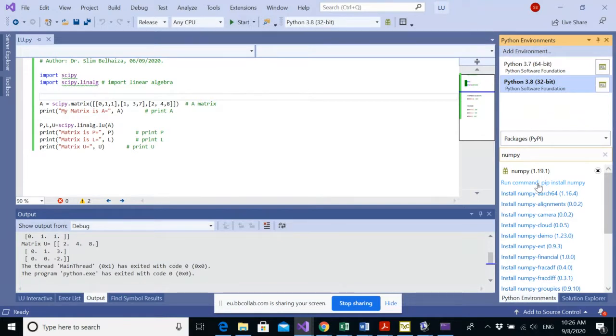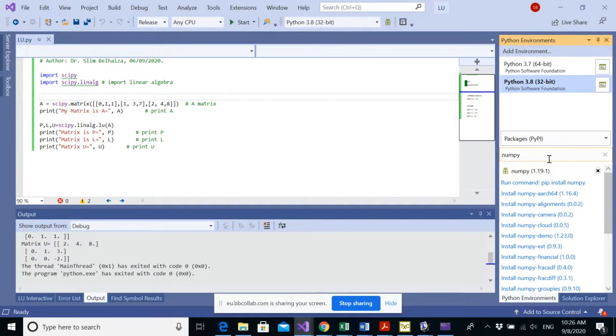Okay, Abdulaziz? It's not appearing like this in my program. You mean you don't have the column like this? I have Python environment, but it's not listing the packages like you have.